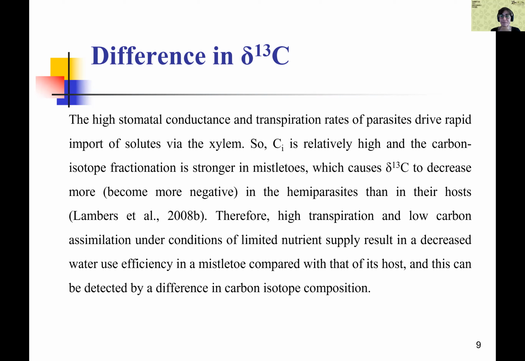Therefore, high transpiration and low carbon assimilation under conditions of limited nutrient supply result in a decreased water use efficiency in a mistletoe compared with its host, and it can be detected by a difference in carbon isotope composition.